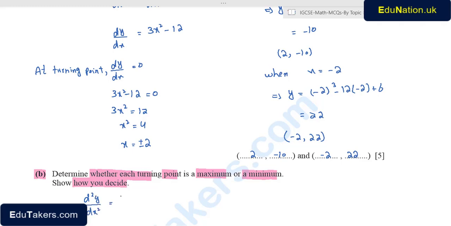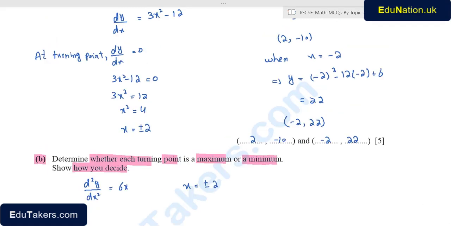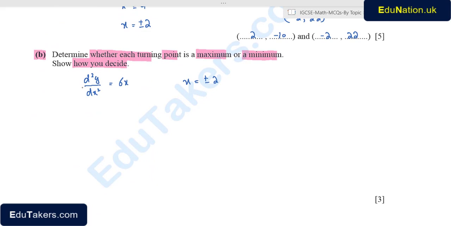This will be equal to 6x. And the value of x is plus minus 2. Now checking second derivative at x is equal to 2. This will be 6 into 2, which is equal to 12, and this is greater than 0.